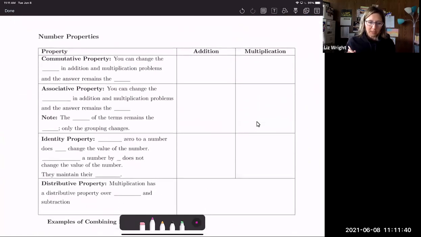All right, so then we're going to talk about properties here. So the first property we're going to talk about is the commutative. A lot of times people will say that's the commutative, commune. We're not communing, we're commuting, which means changing places. So think about commuters.